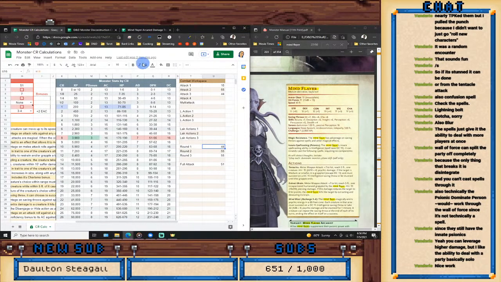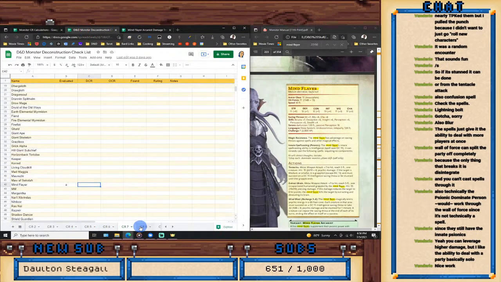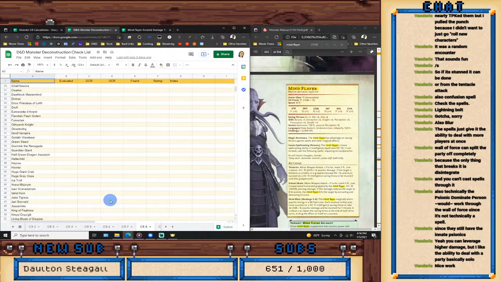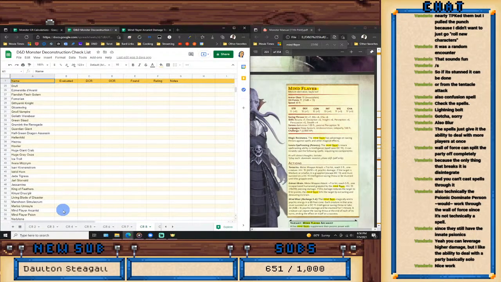Oh, the Arcanist. Let's see if I have that one. Mind Flayer Arcanist. Oh, there's a Mind Flayer Scion as well. We evaluated that and we found basically 8, well, technically 9 originally. So it's slightly underrated, and the quick fix is don't use Lightning Bolt.